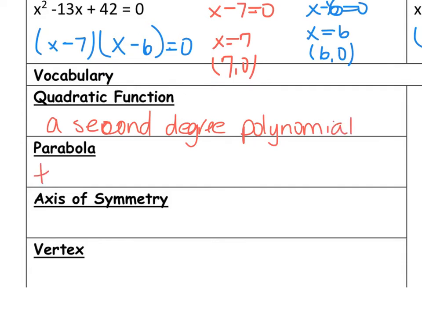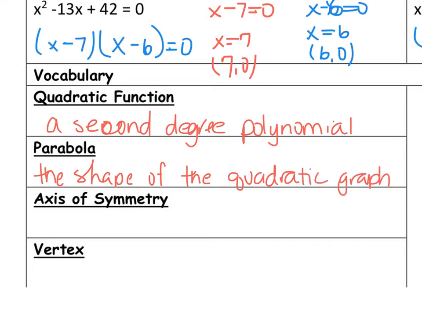The parabola is the shape of the quadratic graph, and we can have an upward facing or a downward facing parabola.